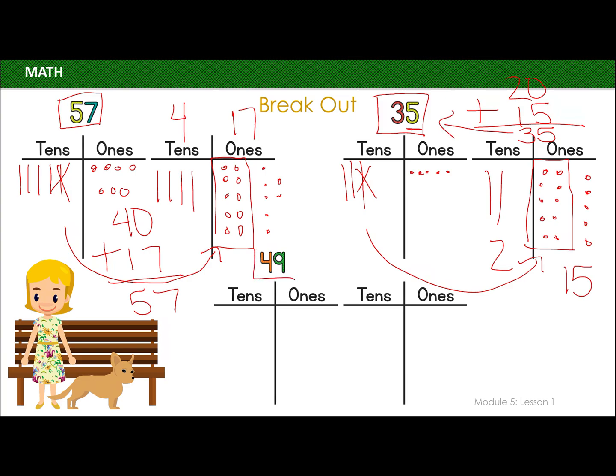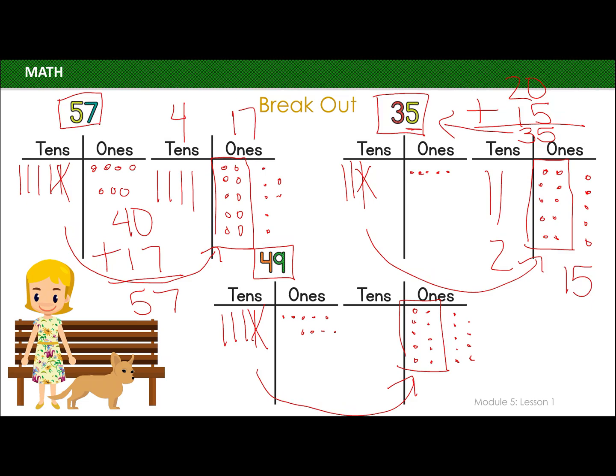My last one is 49, so I have 4 10 sticks plus 9 ones. I'm going to regroup one of these 10 sticks, so I cross one off. I regroup it into 10 ones. And I still have that 9 from before.